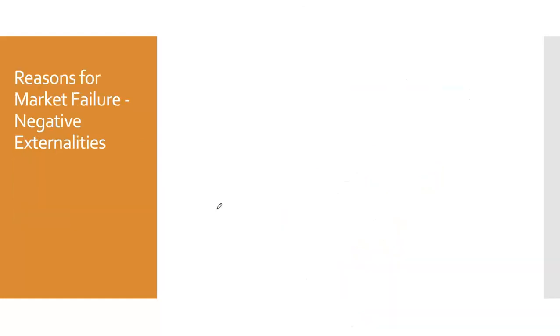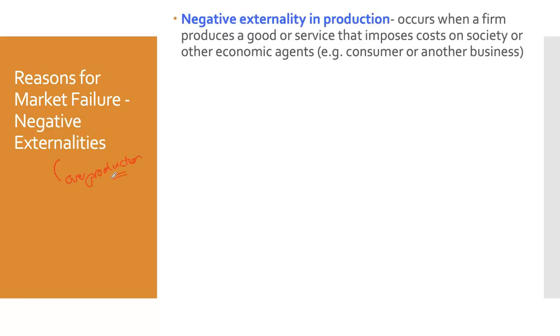Now, negative externalities are as a result of us ignoring third-party costs. So we are doing overproduction. We are ignoring some costs to others. So a negative externality in production occurs when a firm produces a good or service that imposes a cost on society or another economic agent.